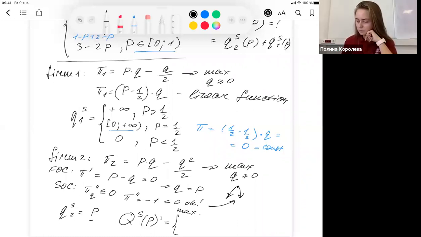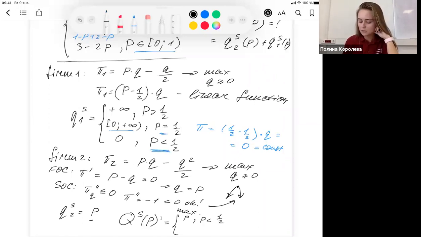So quantity supplied will be equal to P from the second firm if price is less than how much? The first firm begins to supply from 1/2. So if price is less than 1/2, only the second firm supplies.